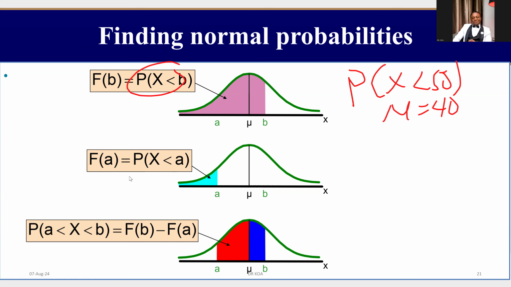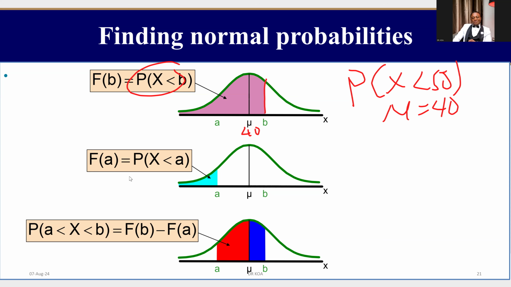Less than 50 means that it should go above the 40, which is the mean. So your area you are looking for should be above the 40, and we are looking for any area below 50. So you have to shade the entire left of the area you have identified as 50.